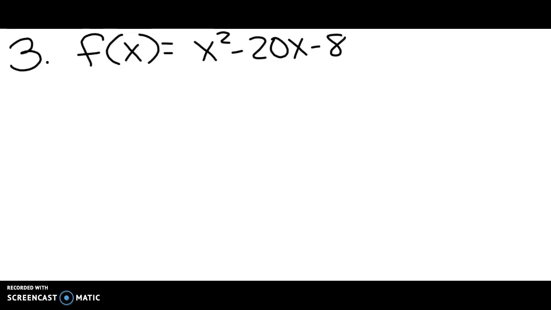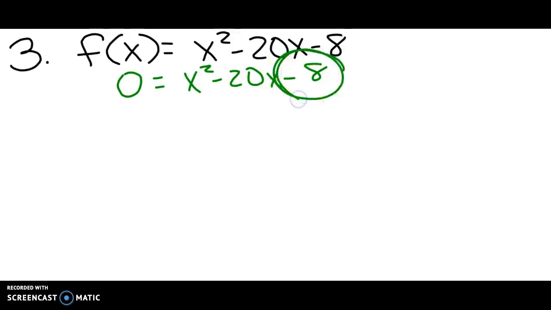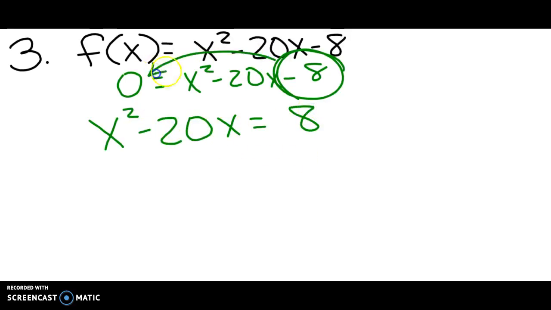So completing the square, remember this is basically 0 equals x squared minus 20x minus 8. You want to move your c out of the way. So I'm going to rearrange all these things. X squared minus 20x is equal to positive 8 because you moved it over there, it became positive, and then I use the symmetric property and switch the whole thing.